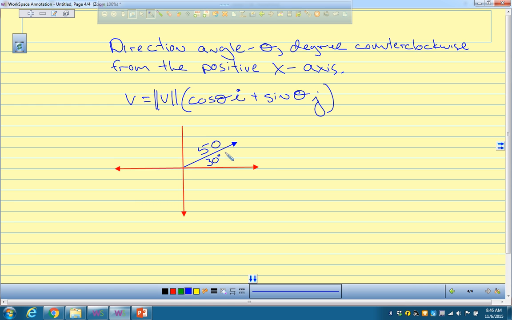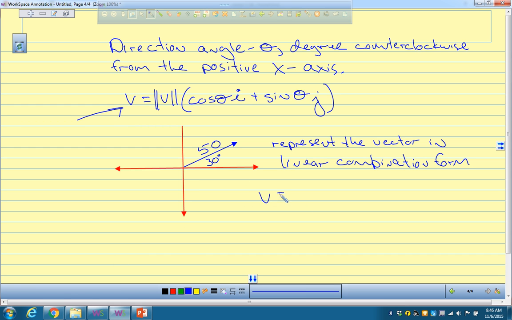And they'll say, represent the vector in linear combination form. So you start off with this form, okay?